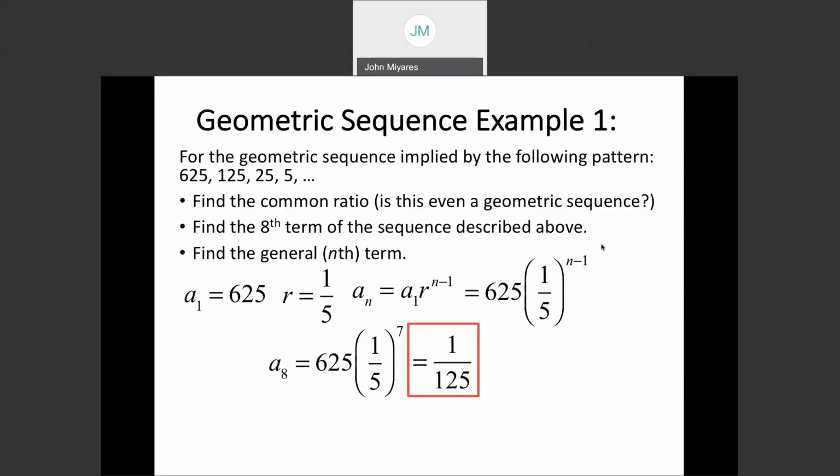We could also do this by brute force and just follow the pattern until we get to the eighth term. As you can see, you're dividing by 5 or multiplying by 1/5 to get from one term to the next. So if you continue this pattern, we get 1, then 1/5, then 1/25th, and finally 1/125th, our eighth term of the sequence.